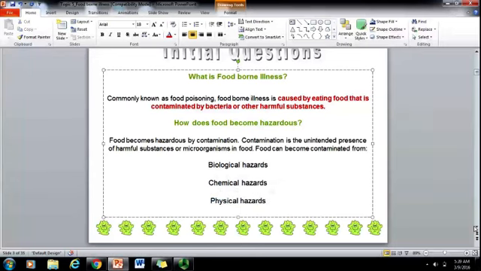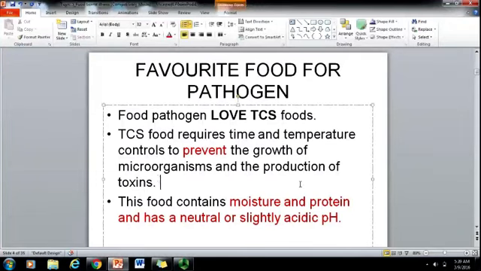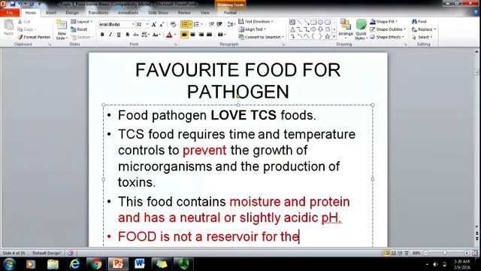right? And you might want to know what kind of food these pathogens love. But before that, I must emphasize that food is not a reservoir for the pathogen.